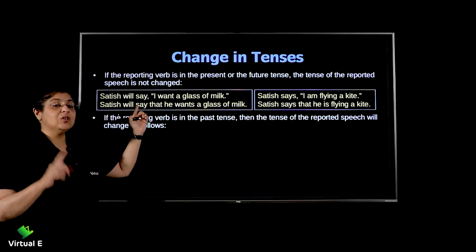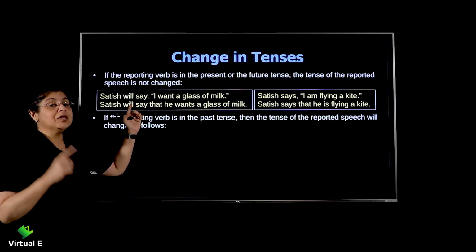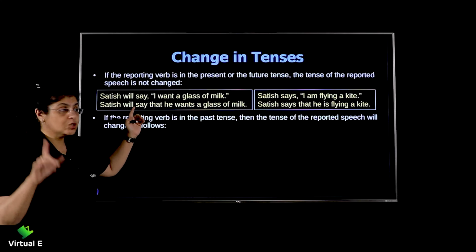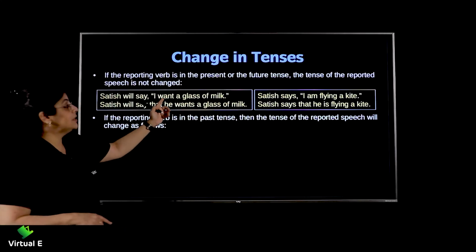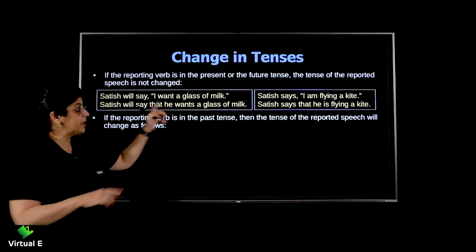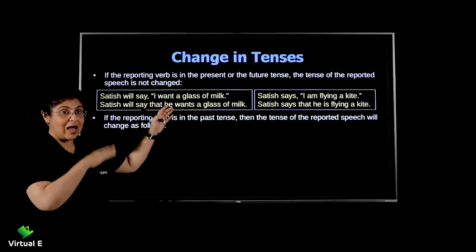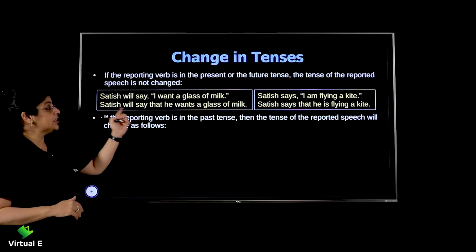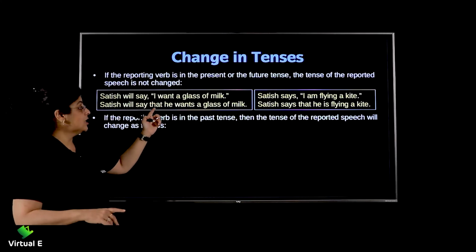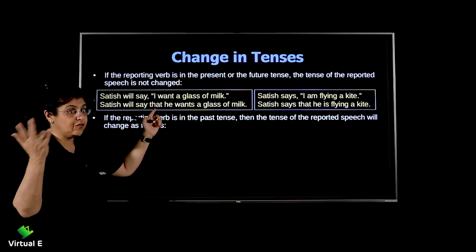Now, first we have to look at our reporting verb. The reporting verb is in future. So, when your reporting verb is in the present or the future, the tense in the reported speech, "I want a glass of milk," does not change. So, Satish will say, no change. We will add the conjunction that, if or whether.